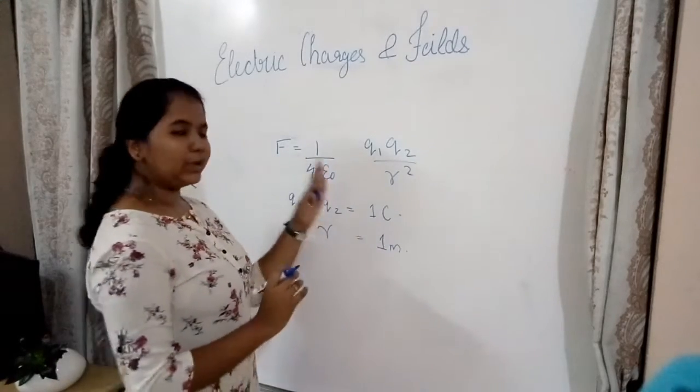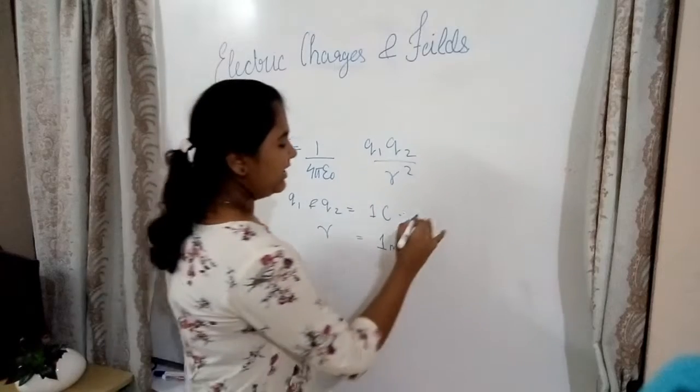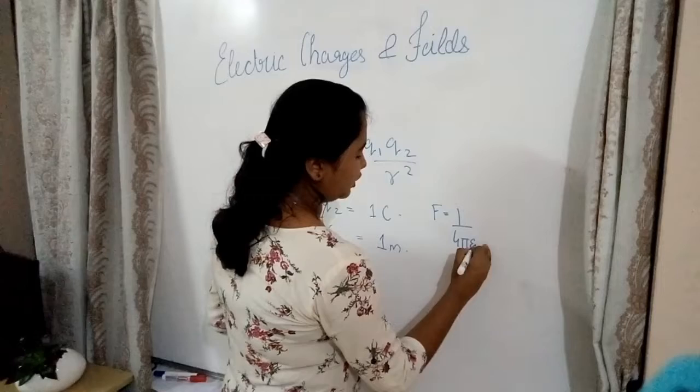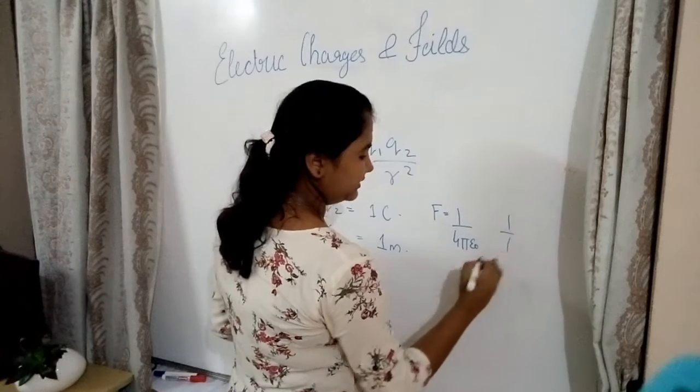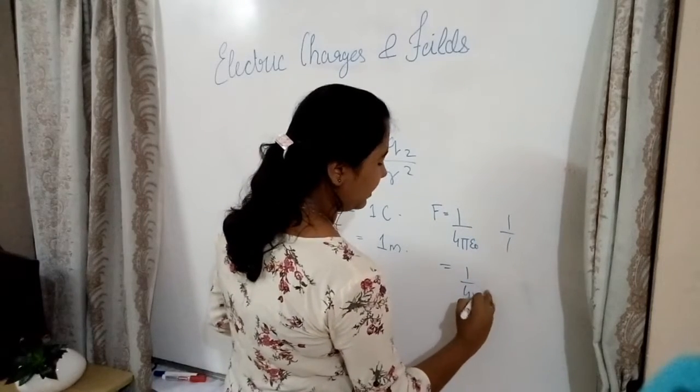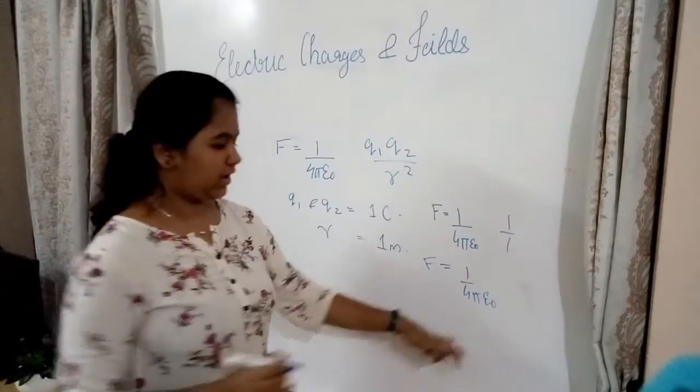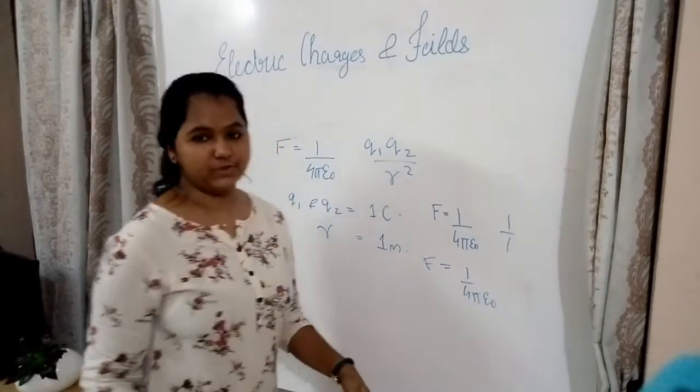Okay. So what would this equation transform to? F is equal to 1 by 4 pi epsilon 0, 1 by 1, that is equal to 1 by 4 pi epsilon 0. So what did we get over here? F is equal to 1 by 4 pi epsilon 0.